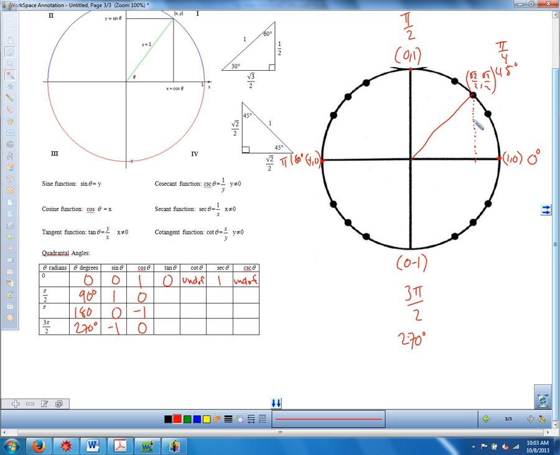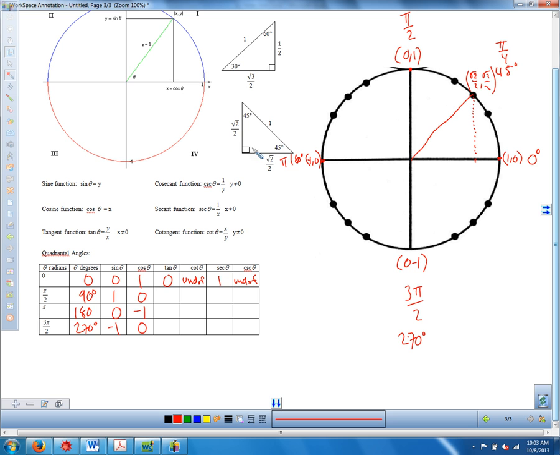This side of the triangle is square root of 2 over 2. So the cosine of 45 degrees, or pi over 4, is square root of 2 over 2. The sine of 45 is the y, is square root of 2 over 2. So that goes in, you have a place for that on the back of your chart.